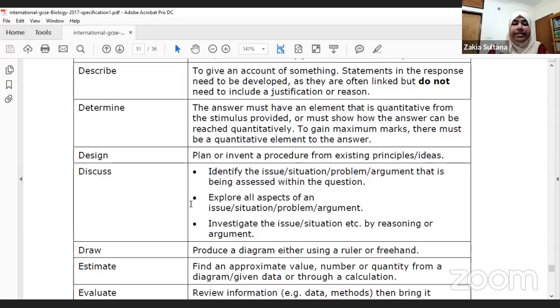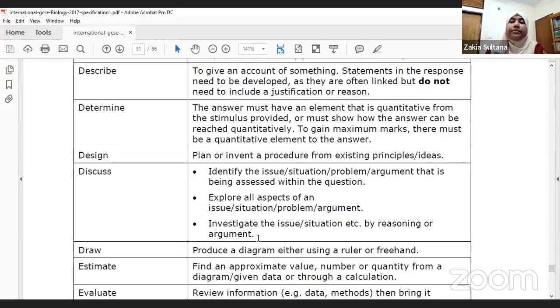In discuss, you have to explore all aspects of the issue and investigate the issue by reasoning or argument. This is usually for a 6-mark question with a star mark. You would find in some questions where there are star marks, and you have to evaluate several aspects there.